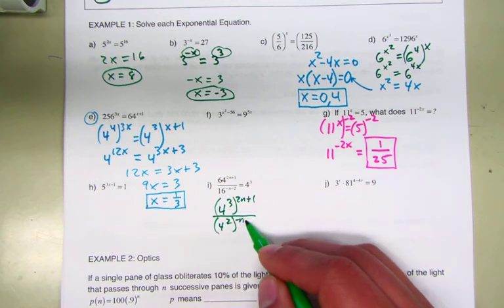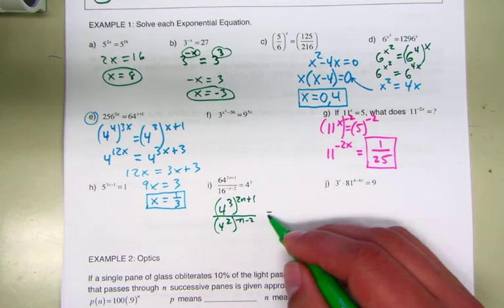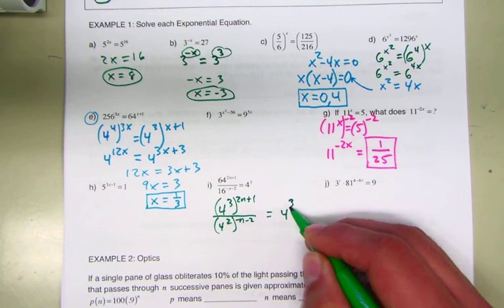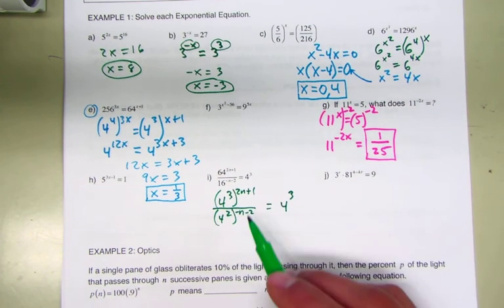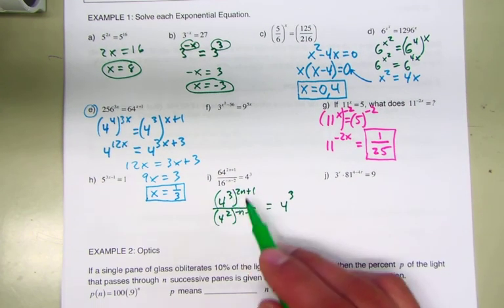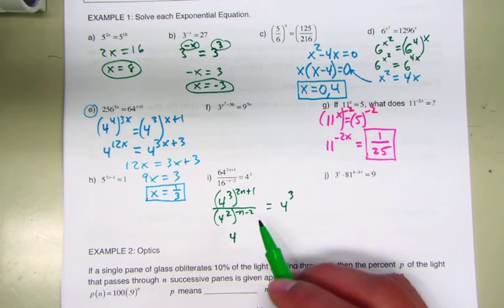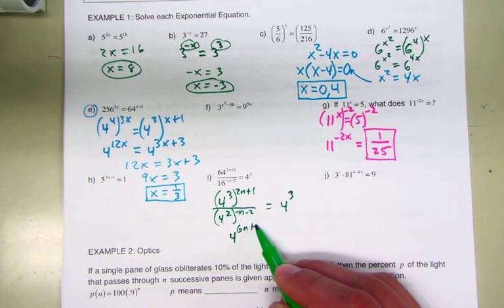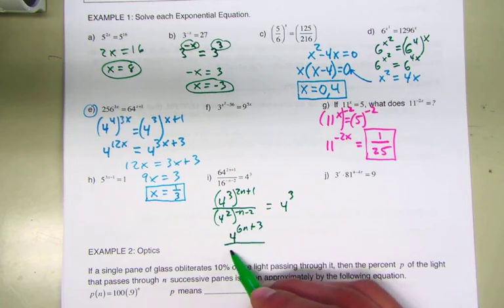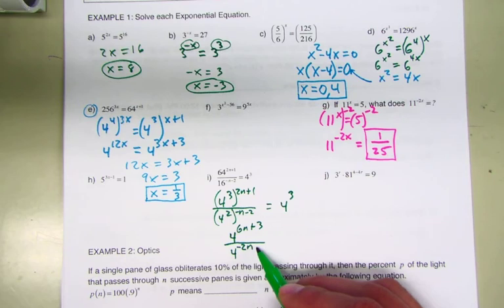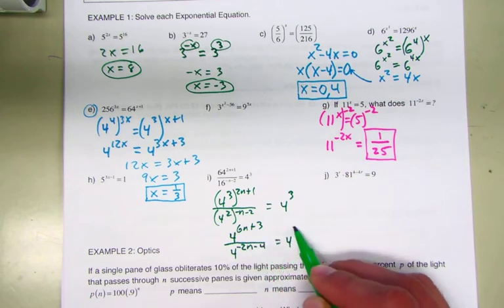Leave the minus n minus 2 there. And that's supposed to equal 4 to the 3. Can't do anything yet until we simplify the exponents. So on the top, you'd get 4 to the what? 6. Good. And then on the bottom, 4 to the negative 2n minus 4. And that equals 4 to the 3.